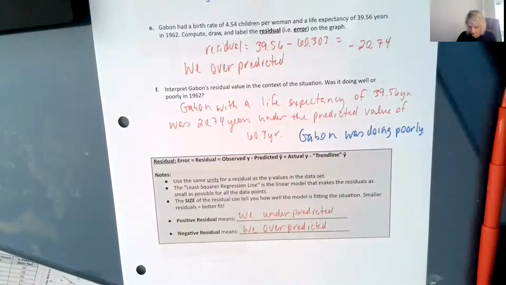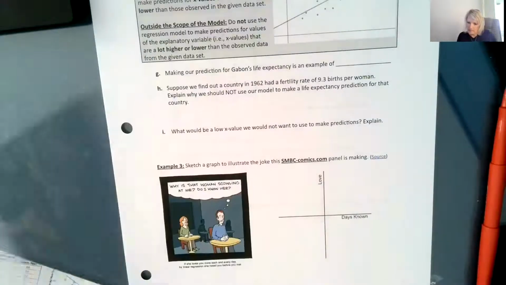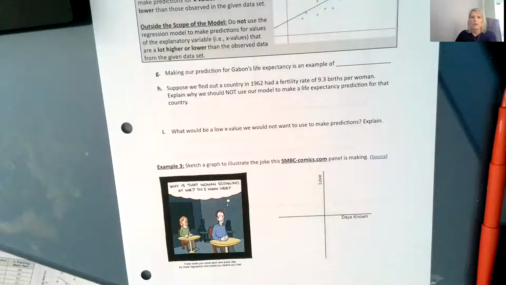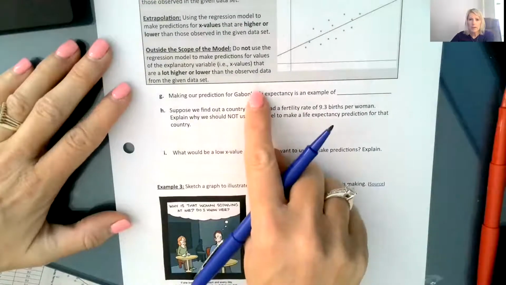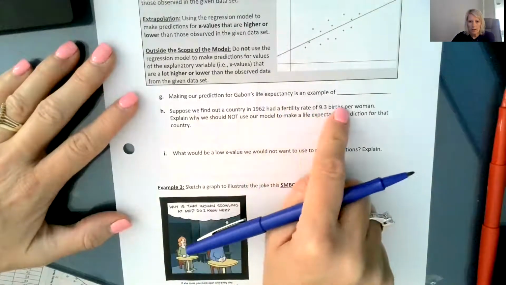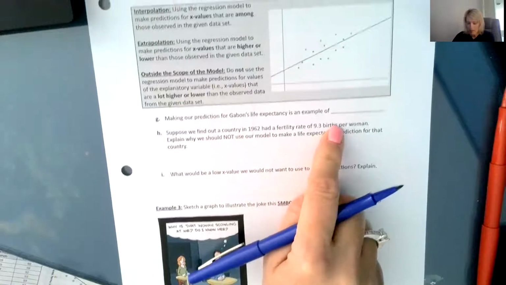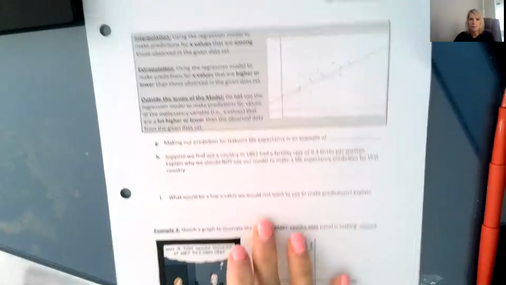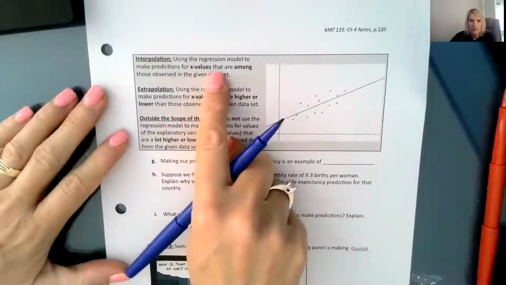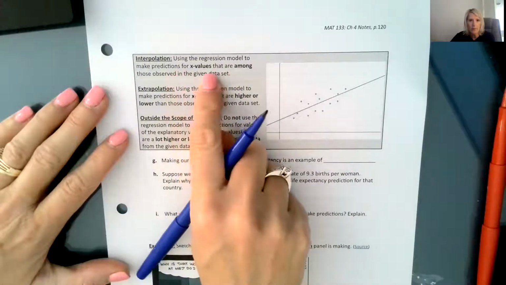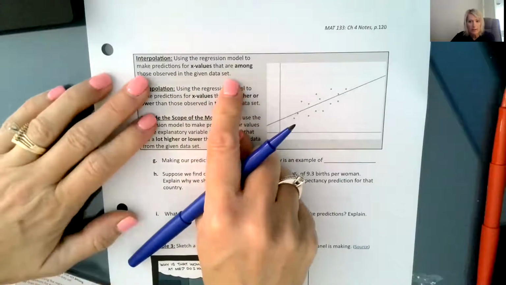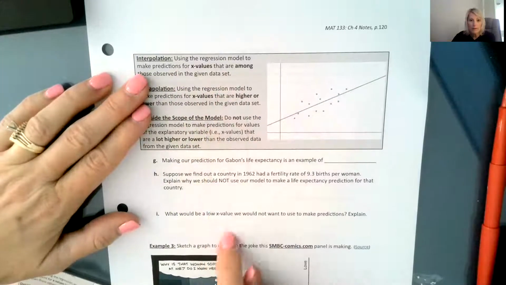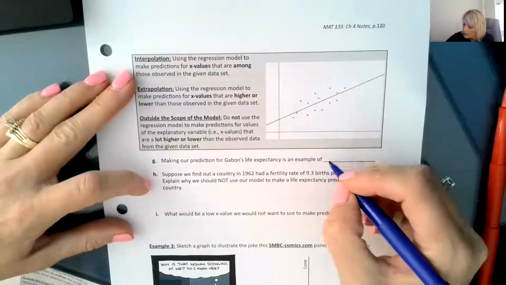Let's talk a little bit more about Gabon's prediction here. Making our prediction for Gabon's life expectancy is an example of interpolation. Interpolation is using the regression model to make predictions for X values that are among those observed in the given data set. And Gabon was observed in the given data set. So this is an interpolation.